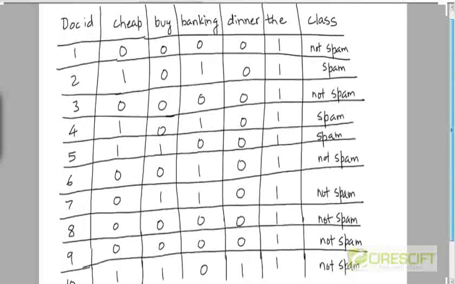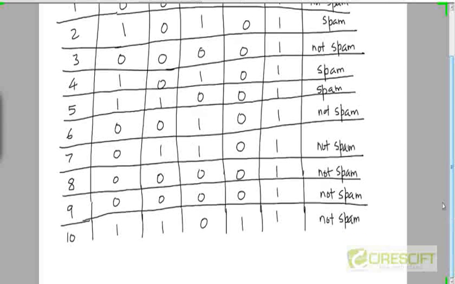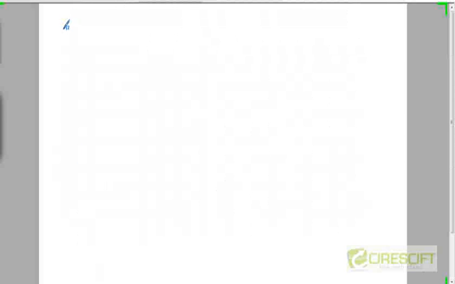Now let's say you are given a test document which says buy cheap dinner. This is the document D, and you want to classify it as either spam or not spam.